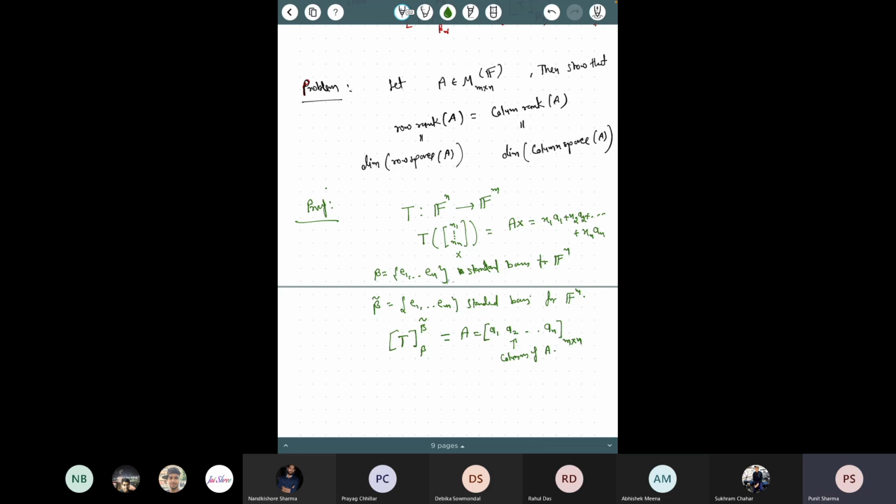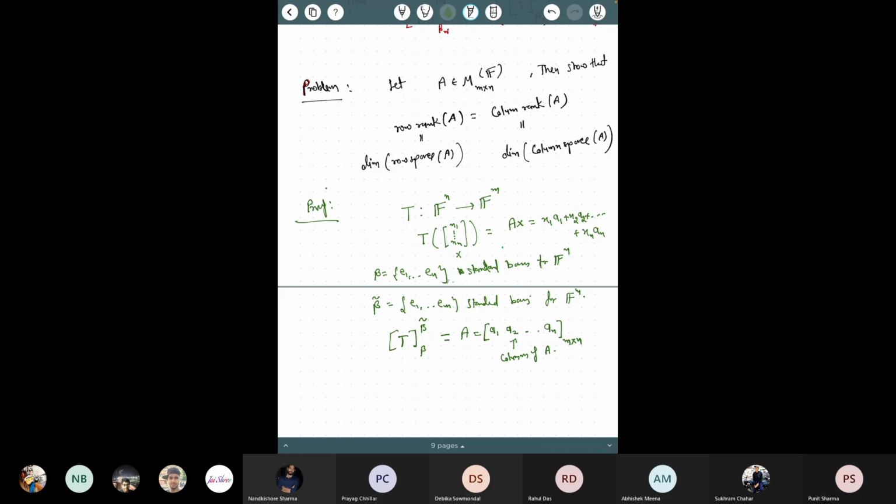So AX is the multiplication of A and X, but I have written it in this column wise form. When you equate these two sides, you will see that they are the same, where x1 to xn are the components of x.